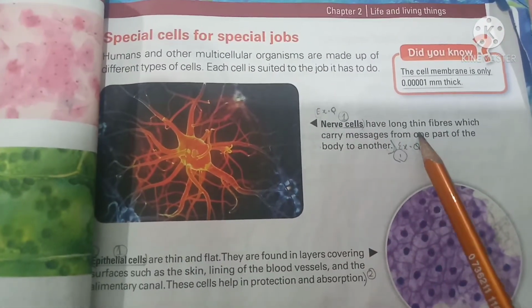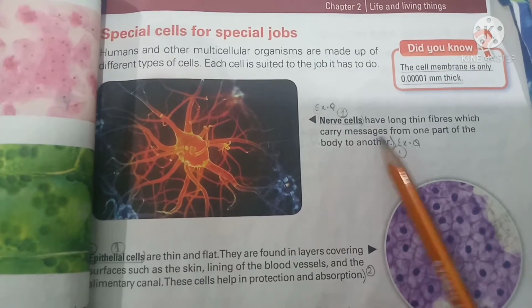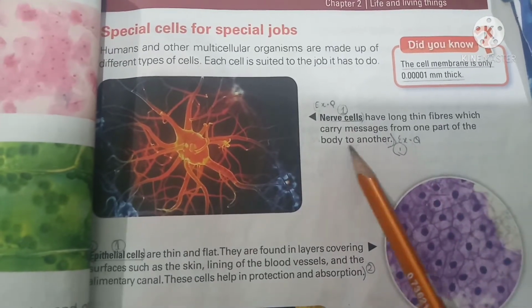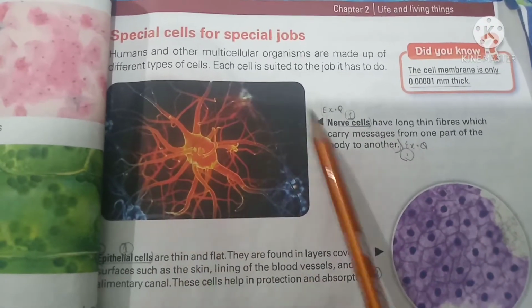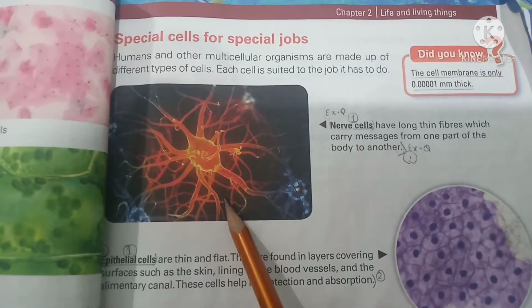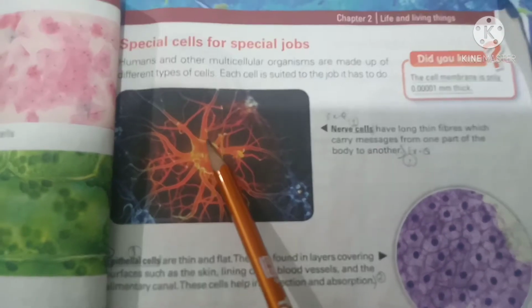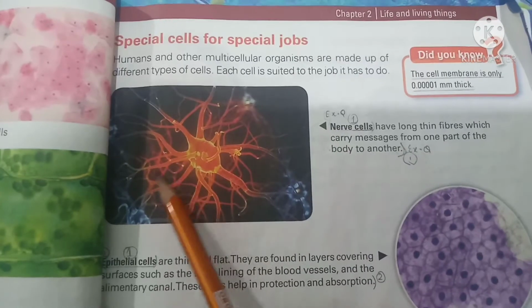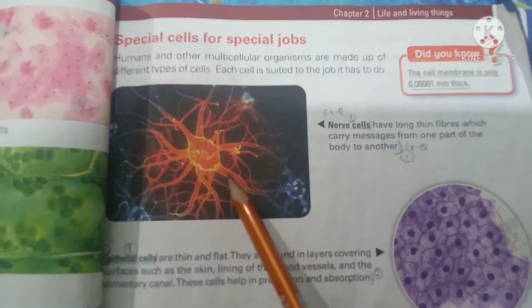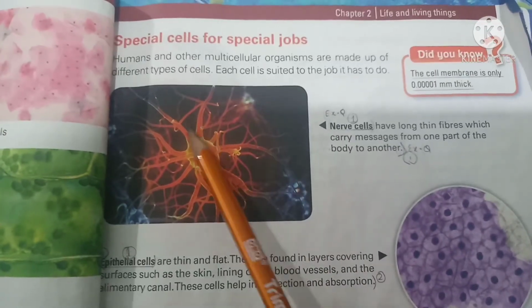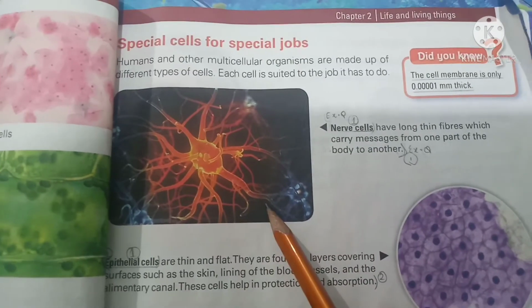Nerve cells have long thin fibers which carry messages from one part of the body to another. As you can see, it is a picture of a nerve cell. What is this? Nerve cell has long and thin fibers which are extended in the whole body. What do they do?